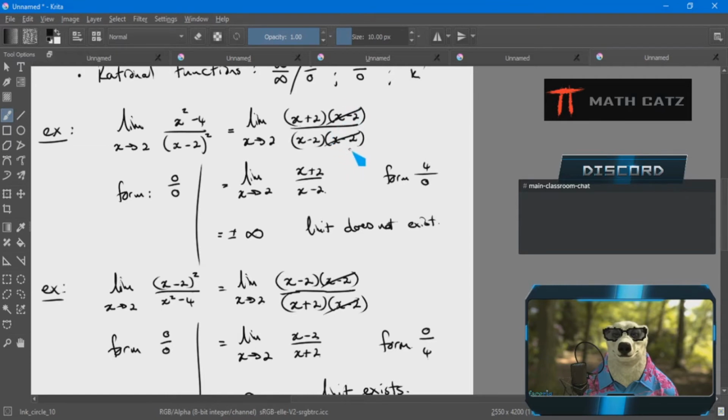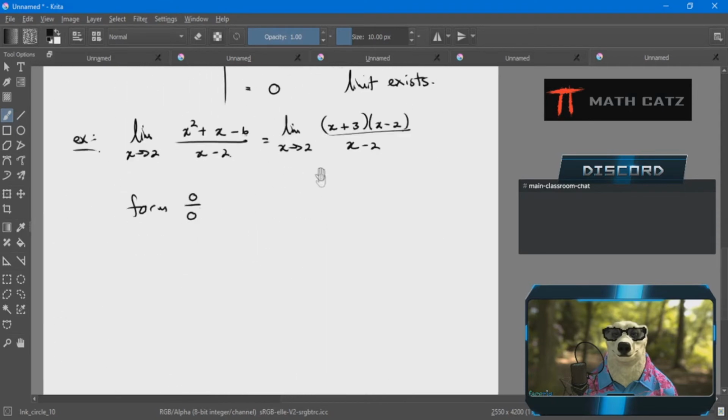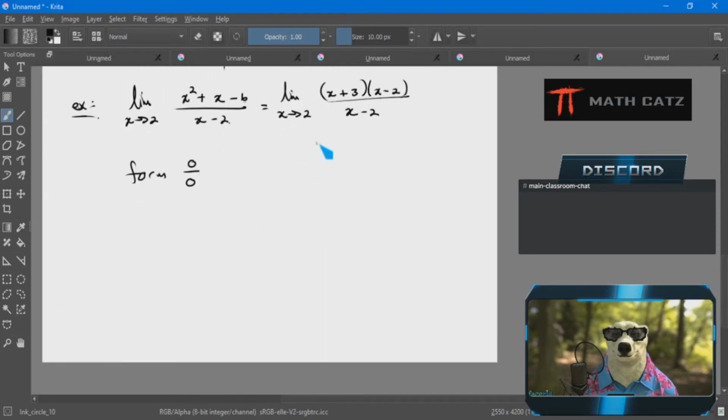And even if I can cancel something, I might not cancel out the problem, making this whole thing undefined. Absolutely anything can happen. Maybe I'll do a little example. I'm going to do 17 and 18, and I think they're going to show what I mean.